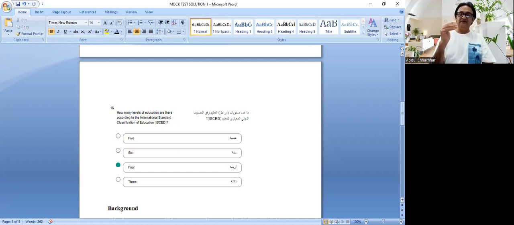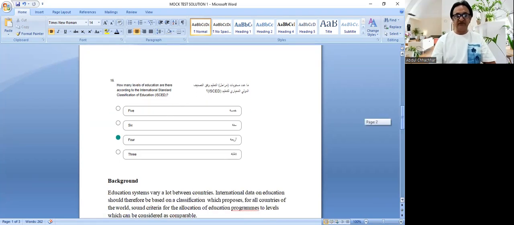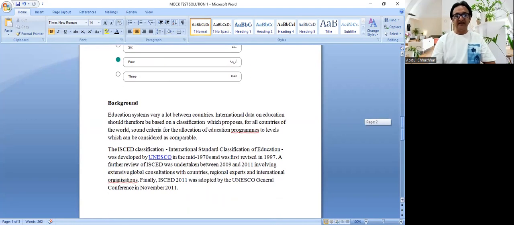Okay, and then sometimes we call them middle and secondary, sometimes we call them KG, lower elementary, and upper secondary, like this. Okay, so I chose 4, but actually it has 9.